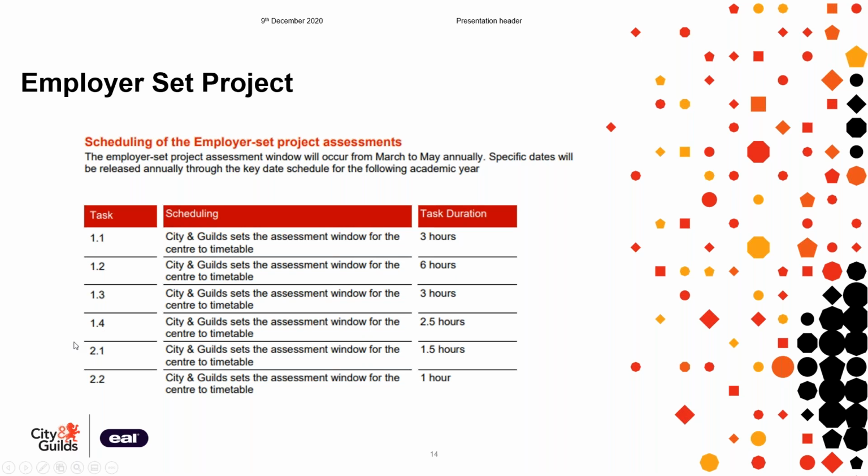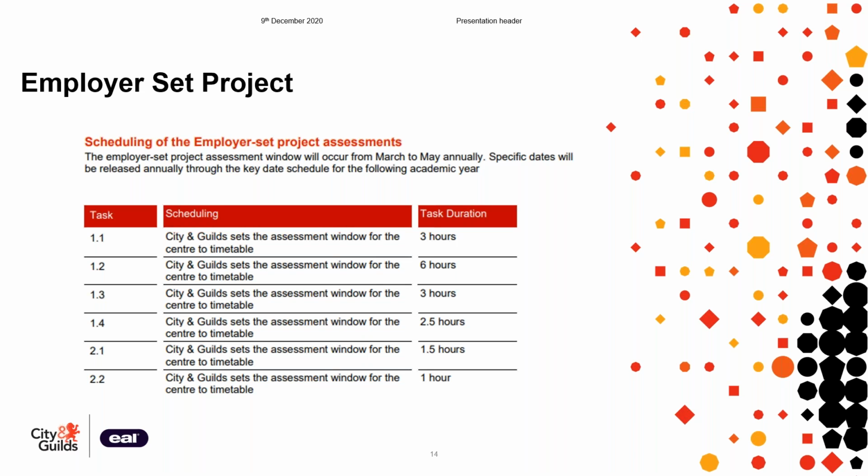So here we see the scheduling of the ESP assessments. And you can see here that the window will occur from March to May annually. Again, specific dates will be released in the following academic year.